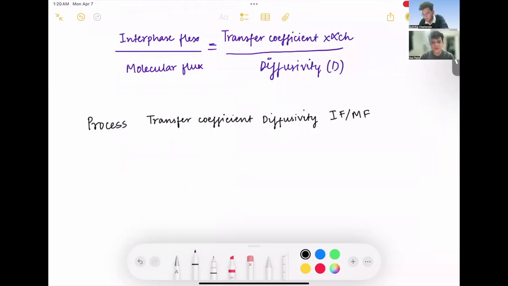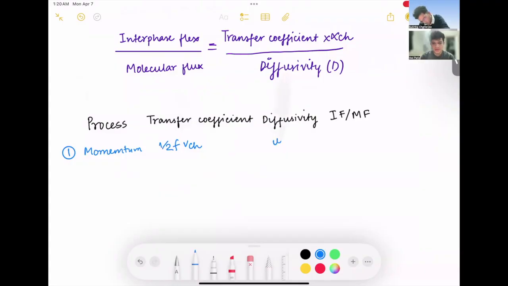So first process is momentum transfer process. Transfer coefficient in momentum transfer can be written as half F into VCH.